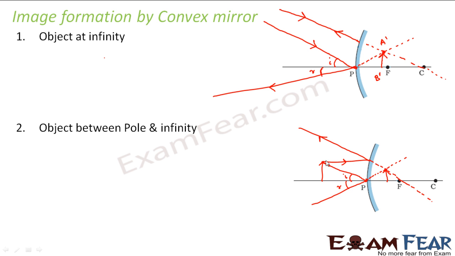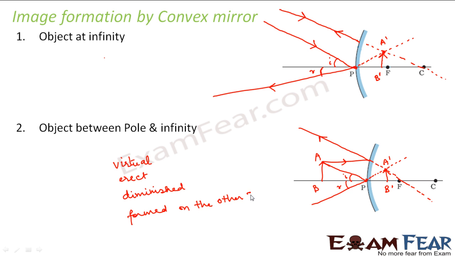So here also, this was the object AB. So the image is again virtual, erect, diminished. So it is a general characteristic of a convex mirror that the image is always virtual, erect, diminished. And what about the location of the image? Formed on the other side of the mirror.